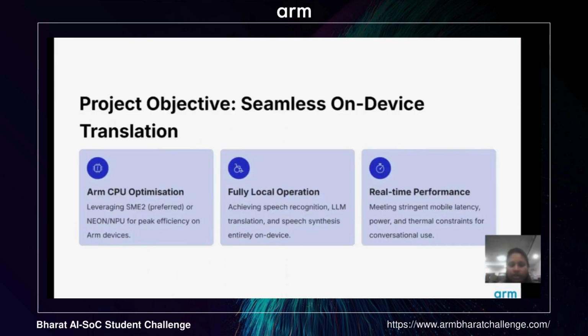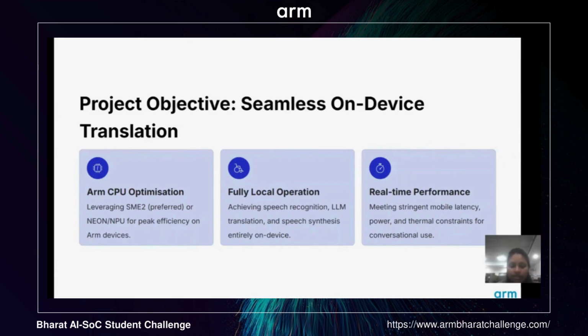The project objective is to demonstrate that high quality, real time AI pipelines can run fully on device within the constraints of mobile hardware. There are three key goals. ARM CPU optimization: you are expected to leverage SME2 wherever available, or Neon or NPU support otherwise. Fully local operation: speech recognition, translation, and synthesis must all run on device.